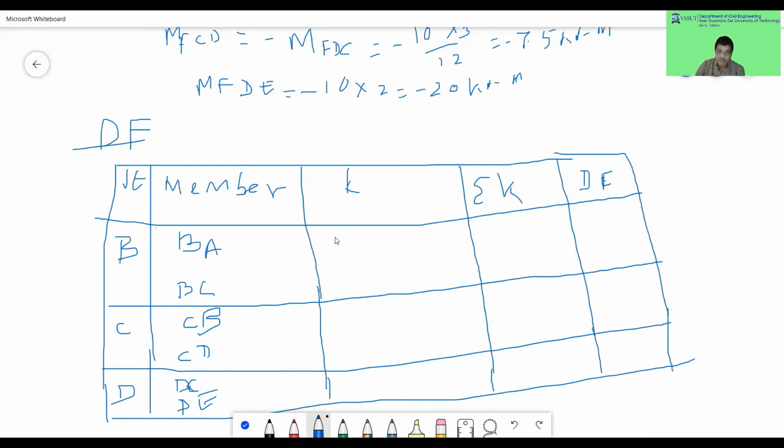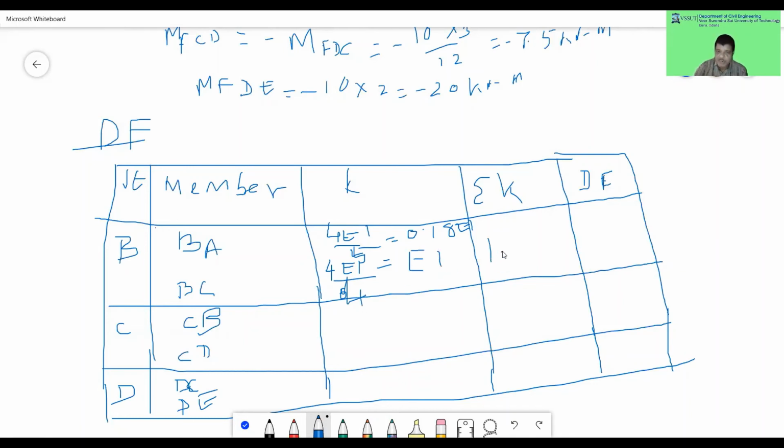Now, what is the value? You can take 4 EI by L and put it here, which is coming 0.8 EI. Here you can put 4 EI by L, so 4 EI by 4 comes to EI.